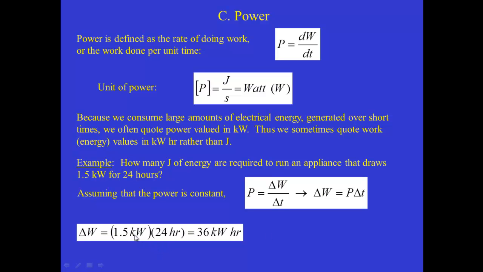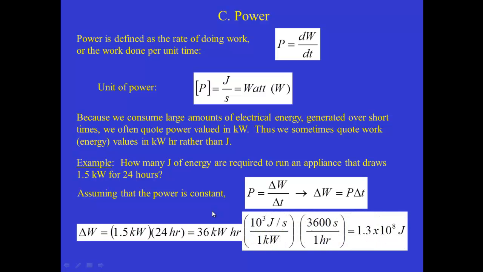And remember, the kilowatt is a power unit, so it's a measure of energy per time, so we multiply by time, and that gives us an energy rating of 36 kilowatt hours that are being used. And if we wanted to change that to joules, because it is a non-standard unit, we would need to multiply by a couple of conversion factors.